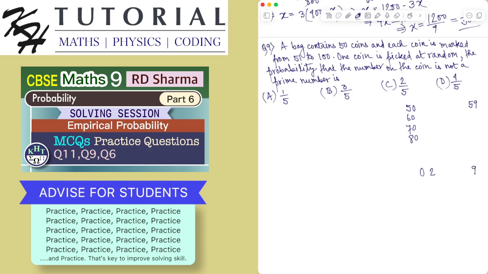We have 2, 3, 5, and 7. So from 50 to 59, how many prime numbers are there? It should be similar, but 59 is also a prime number. So I think it will be 5. 5 prime numbers are there between 50 and 59.